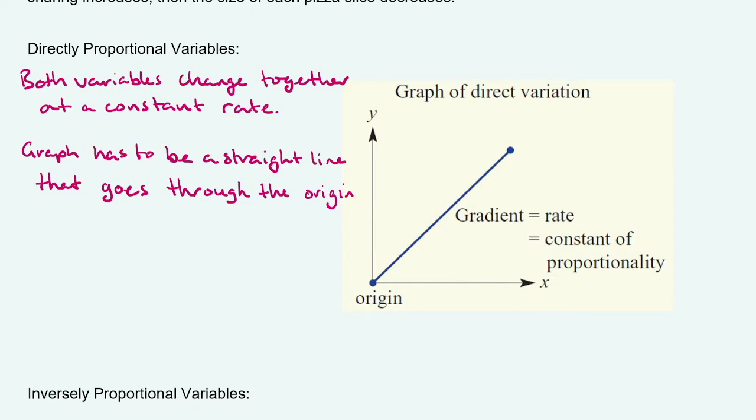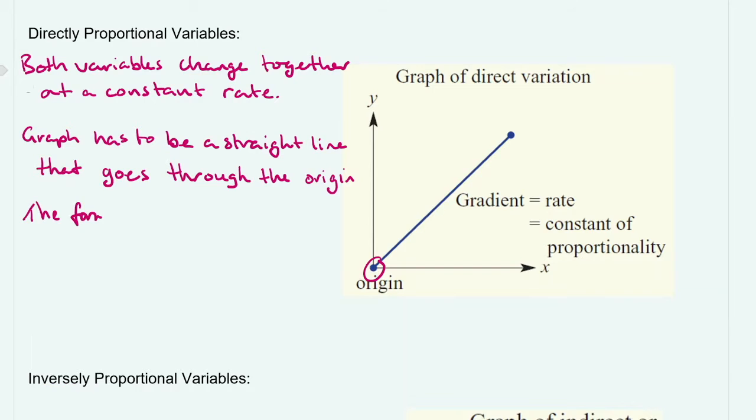Now, what we mean by that is it needs to go through this little bit down here. So it has to go through 0, 0. So the form of this line is y equals mx. There's no y-intercept because it's 0, so we don't have to include it in there.